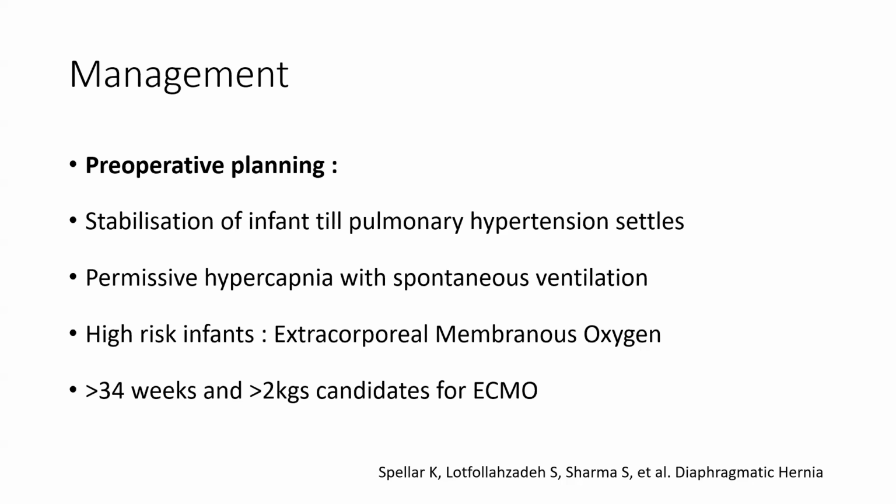The initial resuscitation in the newborn with congenital diaphragmatic hernia should focus on avoiding hypoxia, hypercarbia, and acidosis. Permissive hypercapnia with spontaneous ventilation has been advocated, recognizing the need to maintain adequate gaseous exchange without injuring the fragile lungs of the neonate.